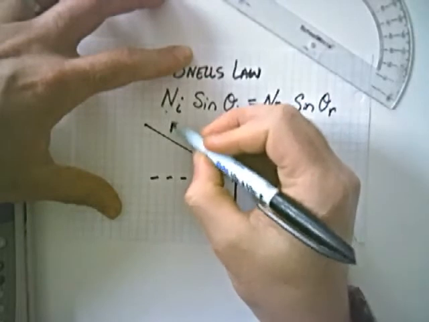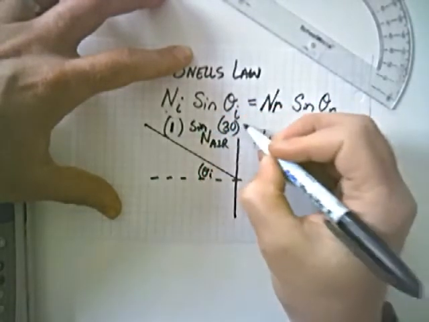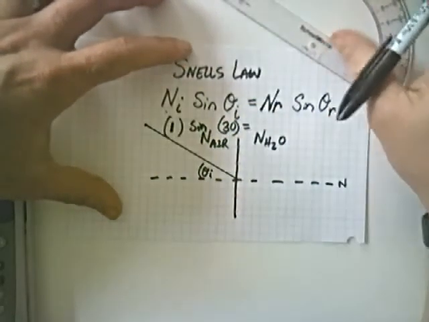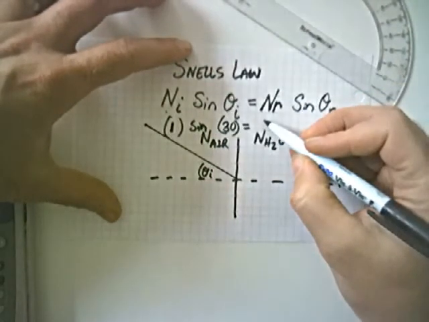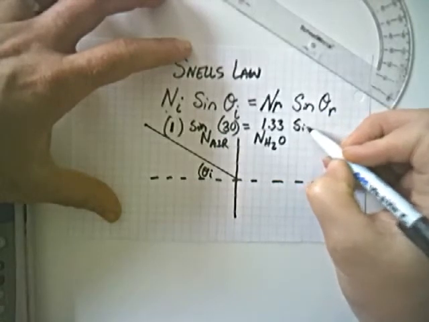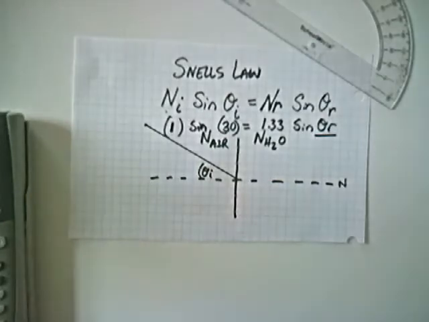And we know n of air is 1. So 1 times the sine of 30 is going to be equal to nR times the sine of theta R, how much it's going to bend that angle. So we said water was 1.33, and we want to solve for how much it's going to bend. Then we can draw it.